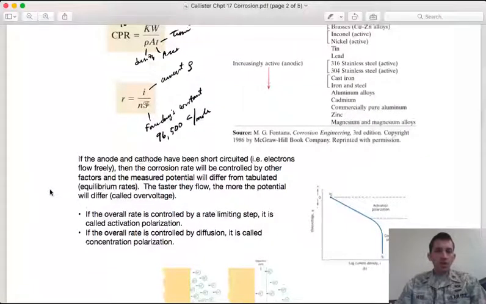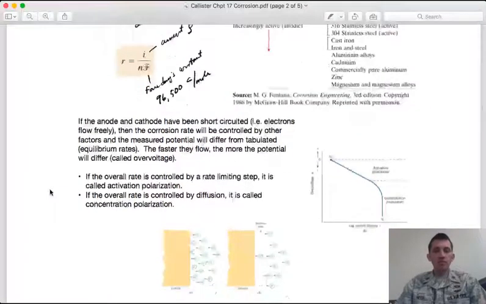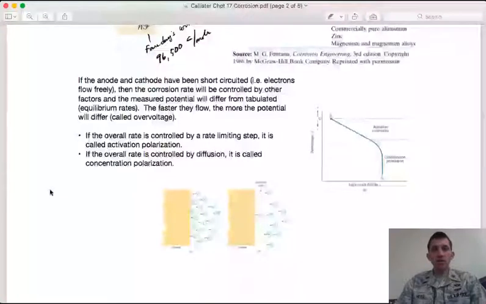But if you have a direct path between the anode and the cathode, i.e. it's been short-circuited, and any electrons that are generated can flow freely, then your corrosion rate is going to be controlled by something else.